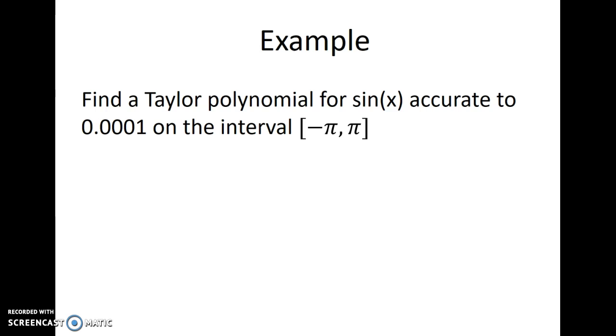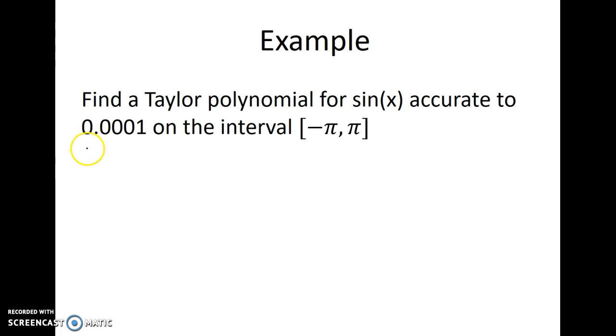So an example of this type of problem is we're trying to figure out a Taylor polynomial for the sine function, but we want it to be accurate on the interval from negative pi to pi to 0.0001.